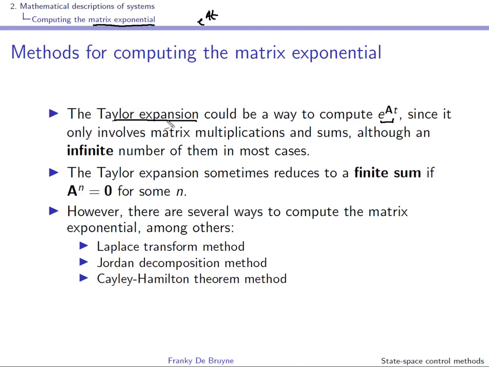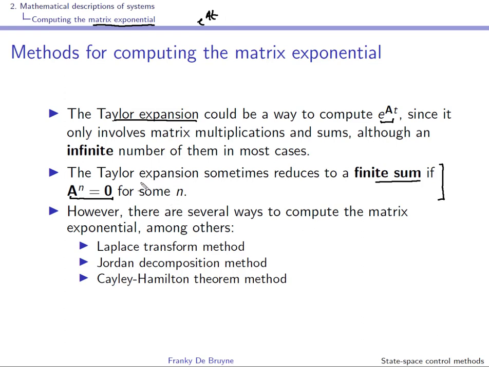But remember that sometimes you have matrices such that for some power n, A^n is equal to the 0 matrix. In this case there is only a finite number of terms in this Taylor expansion, which means that in some cases the Taylor expansion can still be used to compute the exponential of At, and I've given you an example previously.